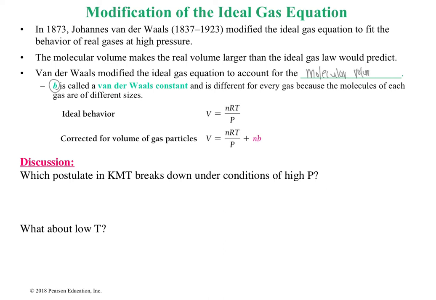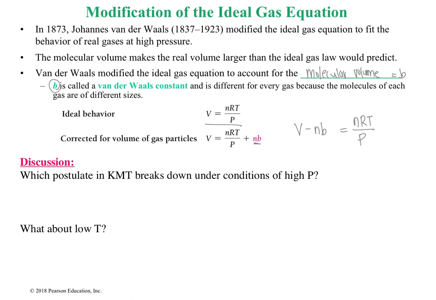Normally volume is equal to nRT over P, but to correct for that volume, we take that and add the moles times this coefficient B. You can look that up in a table, and it depends on what the molecule is. So now nRT over P is equal to V minus nB. You'll see in a minute why that matters.